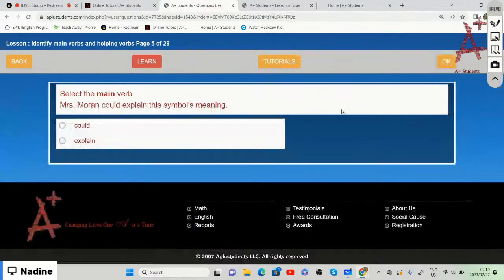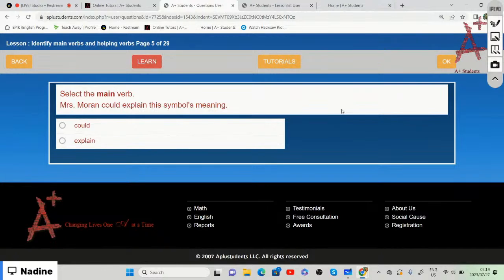Mrs. Moran could explain the symbol's meaning. We need to select the main verb. Is it could or explain?